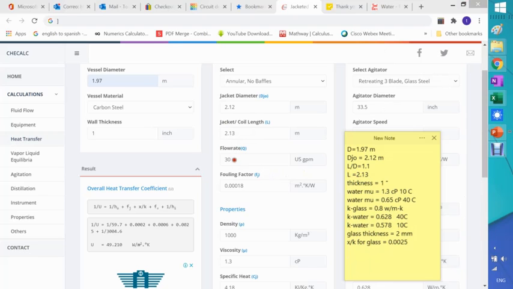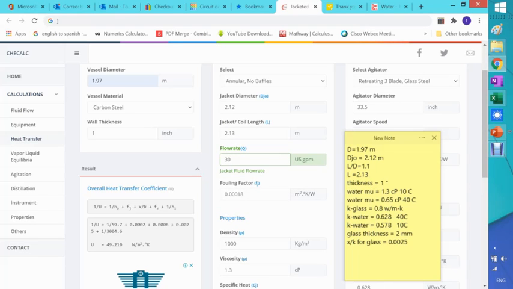The flow rate 30. The maximum will be 50, typical, but that I will not. I mean, let's see. Let's put the 50. Let's see if it gets a little bit better. Well, actually, it does, but by very little. It increases to about 60. Let's go back again and put 30.